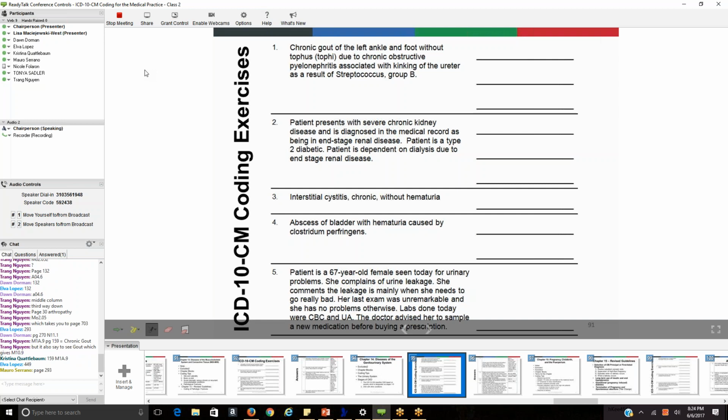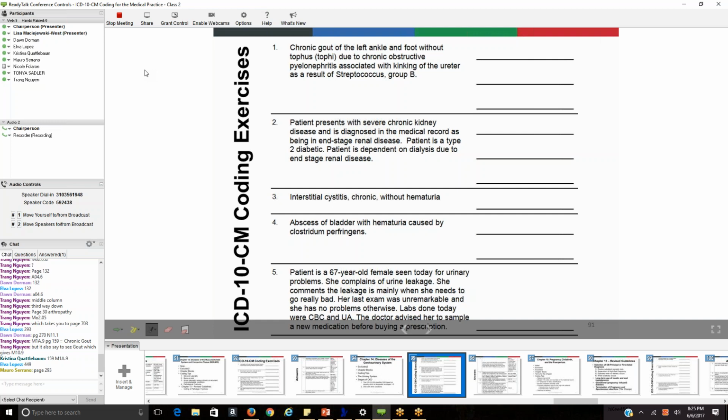So we've got the foot joint, gout, chronic, M1A.37-. So we're going to have to go to the tabular to find out more about that code.